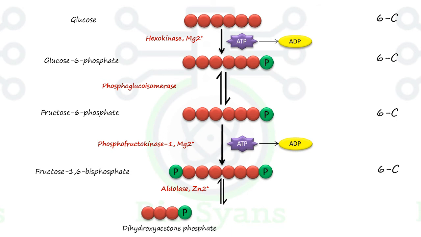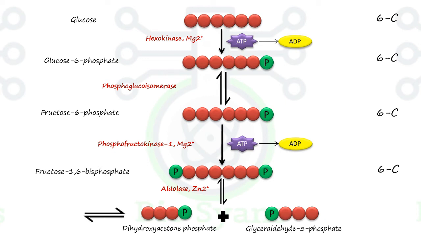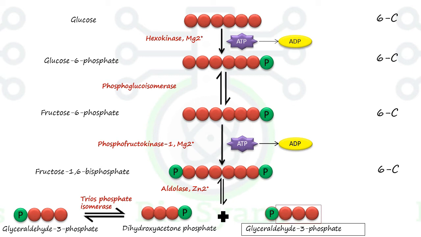One is dihydroxyacetone phosphate, and the other is glyceraldehyde 3-phosphate, catalyzed by aldolase. Now dihydroxyacetone phosphate rapidly and reversibly converts to glyceraldehyde 3-phosphate by the enzyme triose phosphate isomerase. Now the 2 molecules of glyceraldehyde 3-phosphate are oxidized further.